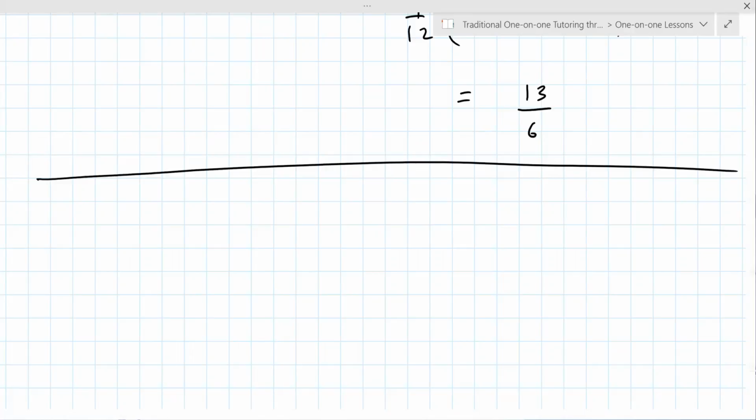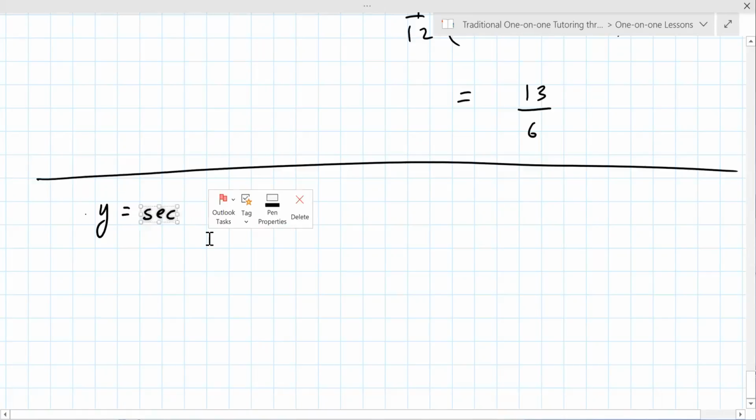All right, so this is kind of their vanilla one that you would probably see, like y equals secant. Nope, that won't work. Sorry. Y equals tangent x from minus pi over 3 to 0.